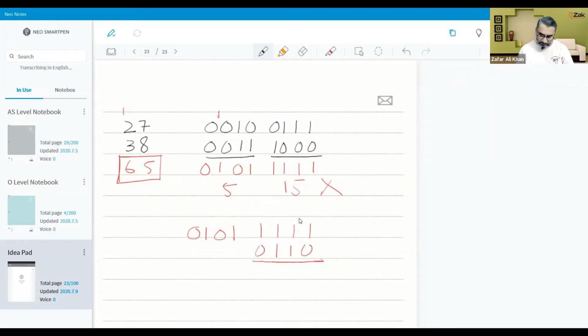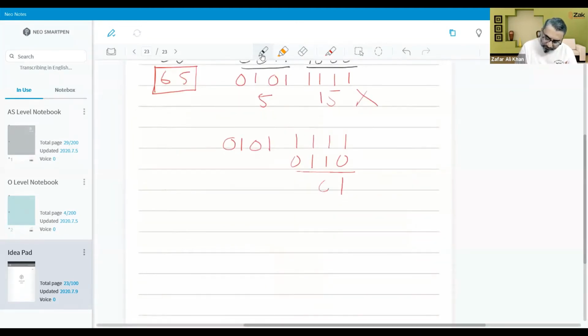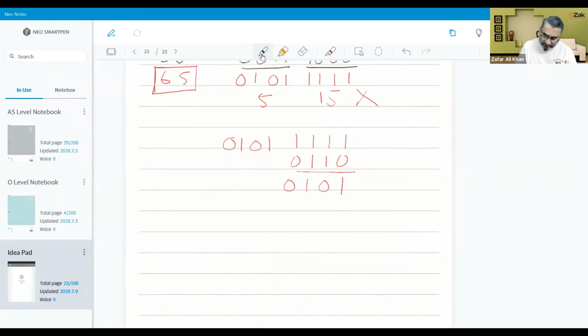Half byte, nibble, sorry. 1 plus 0, 1. 1 plus 1, 2, that makes it 3, and that is 0.